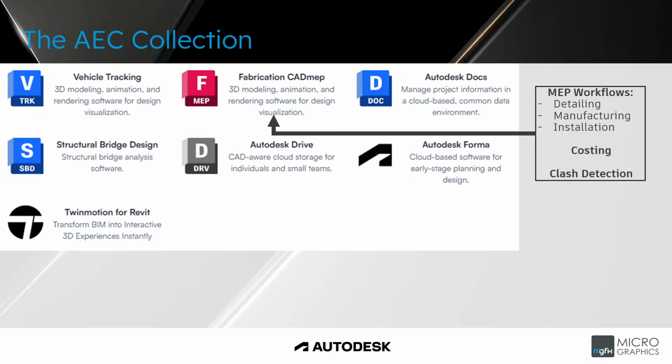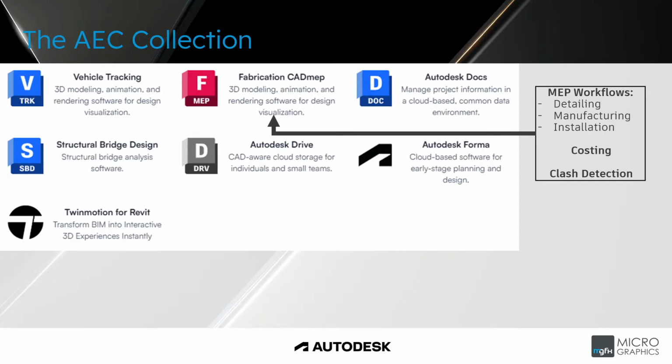We've got Vehicle Tracking, which we'll look at shortly. There you see highlighted Fabrication CADmep, and you see that this focuses specifically on MEP workflows. So this is for the detailing, manufacturing, and installation drawings and layouts necessary for those MEP portions of a project. MEP is, of course, your mechanical, electrical, and plumbing.